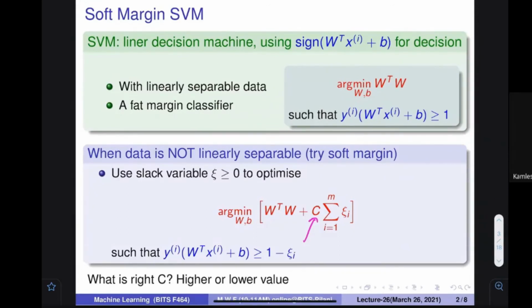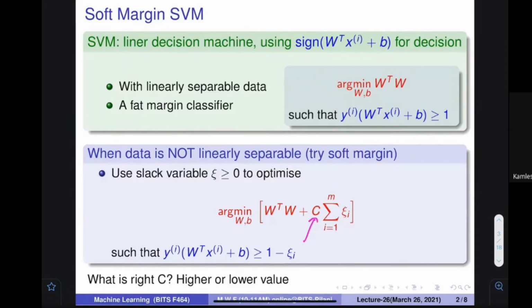Once again, when the data is not linearly separable, or there is a possibility of some kind of noise in the data, then going to the SVM, we can go for the soft margin SVM, where we say that we are going to allow some slack, meaning our decision boundary is going to allow some points to be bad in the interest of generalization, where I'm telling that I'm going to have this particular discount from the classification thing, and this summation should also be minimized.